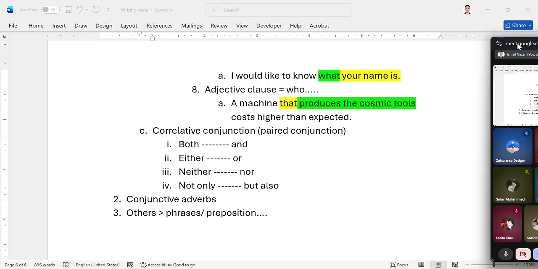And also, we can use them in the middle of sentences too. But remember, when we use them in the middle of sentences, at that time we should use a comma. Okay, great.